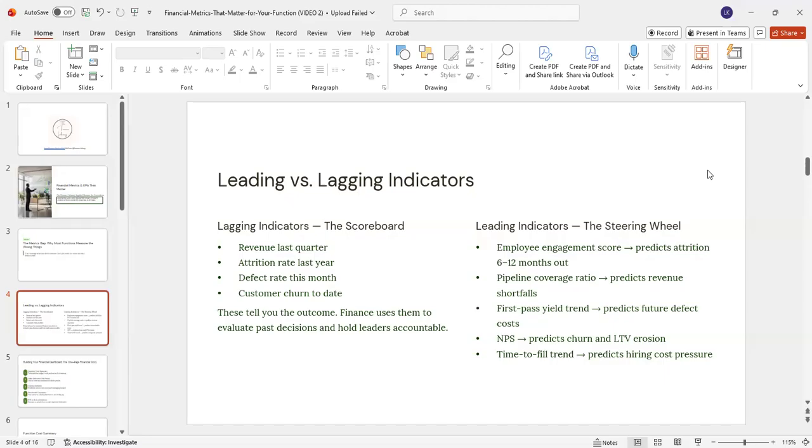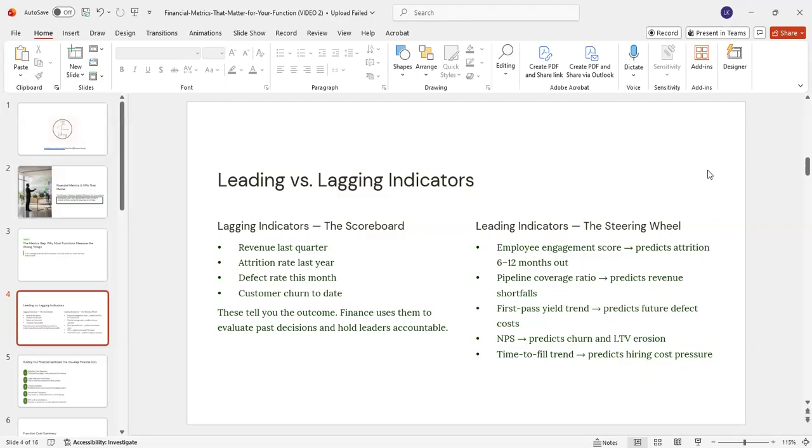Where leading indicators are helpful is in showing the financial consequence of inaction. You may remember from the discussion on budget proposals, we talked about presenting the cost of inaction as one of the factors to persuade the finance team to support your proposal. So these leading indicators can fit in very nicely into that theme. Because you can use these leading indicators very powerfully to win budget approval for what you would call preventive investments, right?